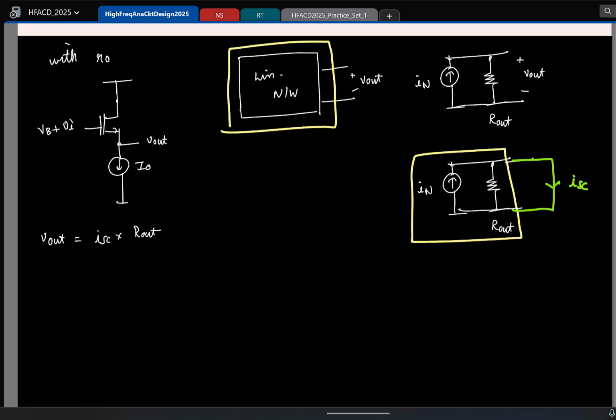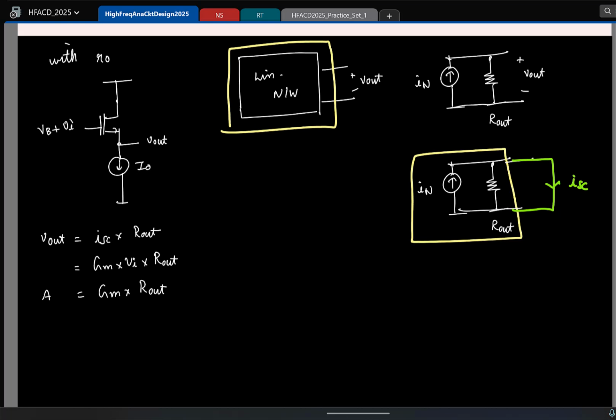So I will say that this is some Gm times Vi. Which means the ratio V out by Vi, I will call it the gain A, that is some Gm times R out, and this Gm is what we call the short circuit transconductance.